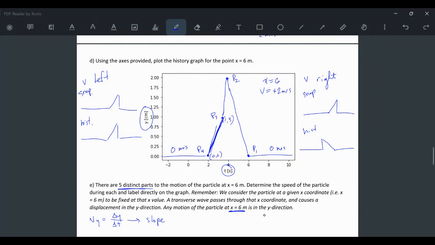This one is a y change of 1, an x change of 1 as well. So I think that's 1 meter per second if I'm not wrong. This is a y change of 1, an x change of a half. So that's 2 meters per second along this slope.